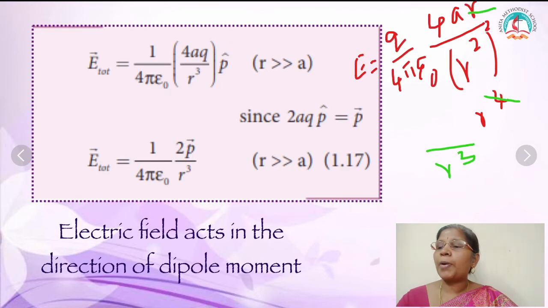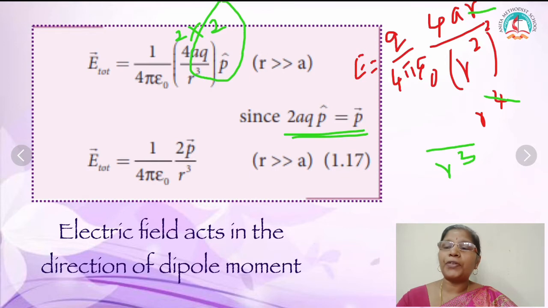Now you know the dipole moment formula equals 2aQ. So I am splitting this 4 into 2 into 2, and aQ into unit vector is replaced by the dipole moment p. So the answer for E total on the axial line is 1 by 4 pi epsilon 0 into 2p divided by r power 3. The electric field acts in the direction of the dipole moment.